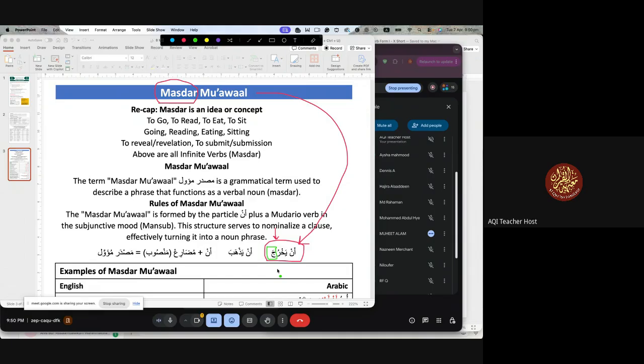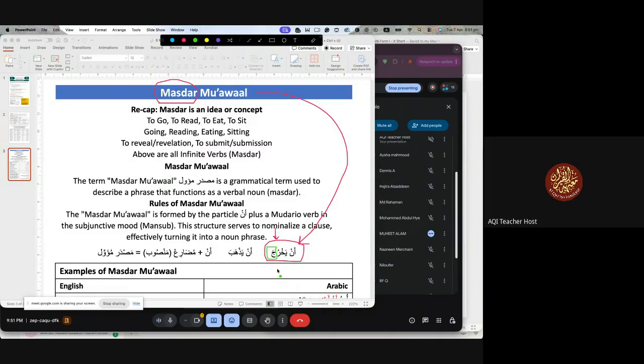I love to eat. I love going to the mosque. Going: concept, idea. Noun-like expression. They were originally a particle and then we found a muḍāriʿ after that. The particle an and the muḍāriʿ verb joined together. They're mainly verb dominated here, but look at the meaning. It means to go, it means going, concept, idea, coming.